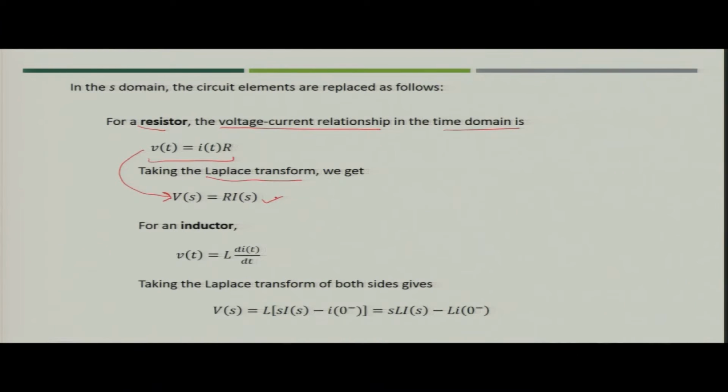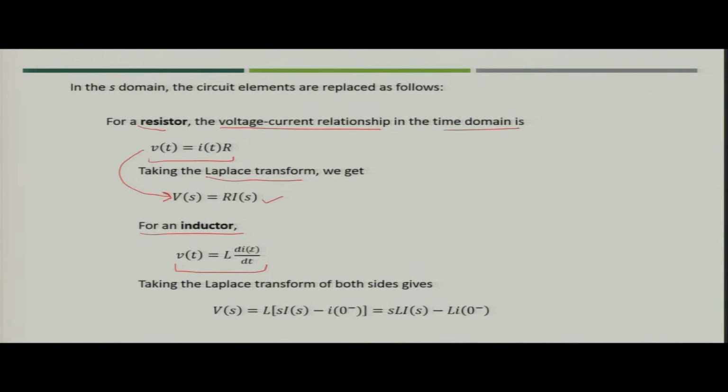Now, for an inductor, the voltage across the inductor is given by v = L di/dt. Now, we will use the time differentiation technique which we discussed in the previous classes when discussing the various properties of the Laplace transform.